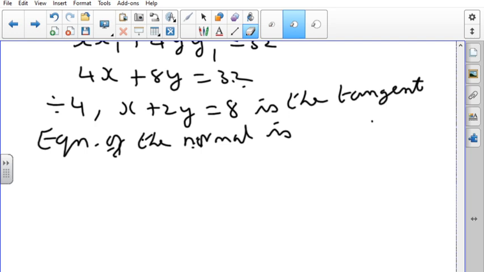So for the equation of the normal, the slope of the tangent is 1 by 2.